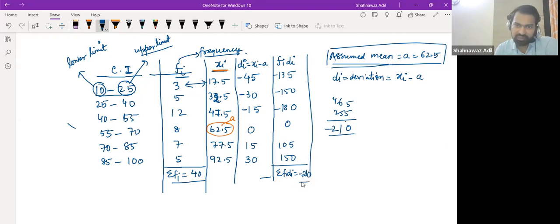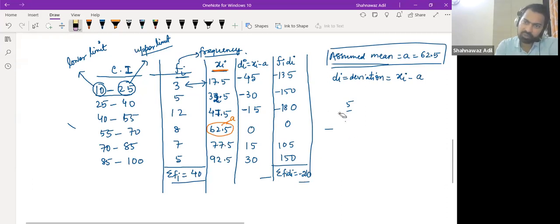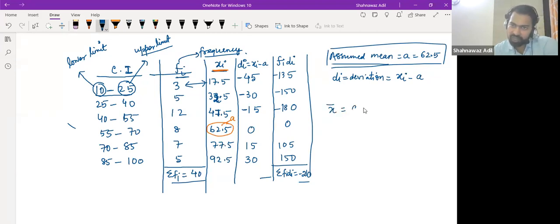So this is FiDi. Now from the assumed mean method, to calculate the mean, this is defined as A plus sum of FiDi divided by sum of Fi. So this is the formula for the assumed mean method. Okay.